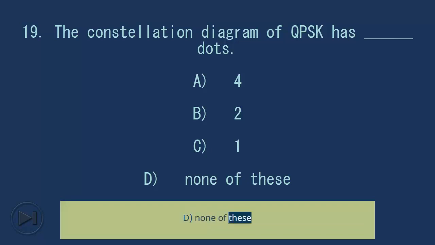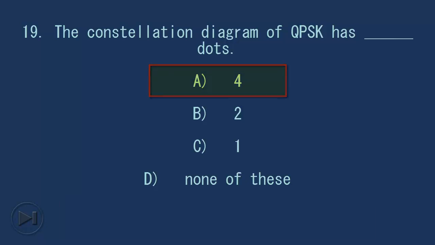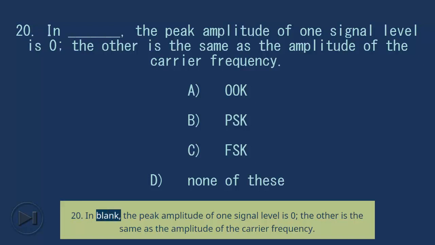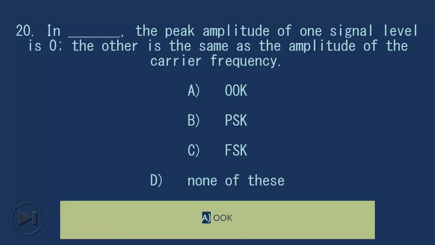D. None of these. Answer, A. 4 dots. 20. In blank, the peak amplitude of one signal level is 0, the other is the same as the amplitude of the carrier frequency. A. OOK. B. PSK. C. FSK. D. None of these. Answer, A. OOK.